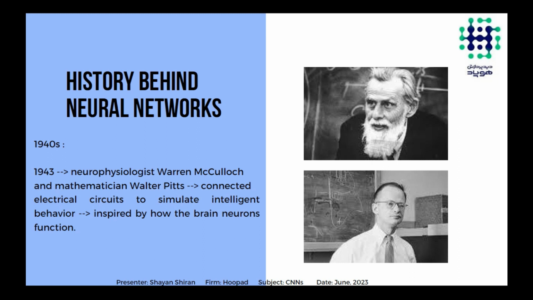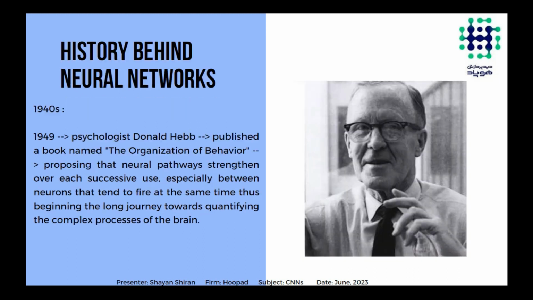They had a neuron, which I will mention a bit later, called the McCulloch-Pitts neuron. This was the first attempt at neural networks.